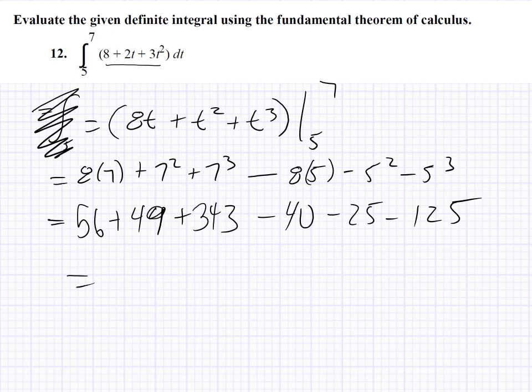So if we do that computation, what do we end up with? 56 plus 49 is 105, plus another 343 gives me 448, minus 40, minus 25, minus 125 ultimately gives me 258. Again, that's probably the hardest part of this whole thing. The integration should have been real easy.